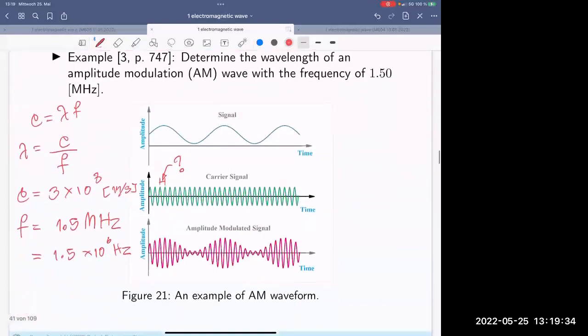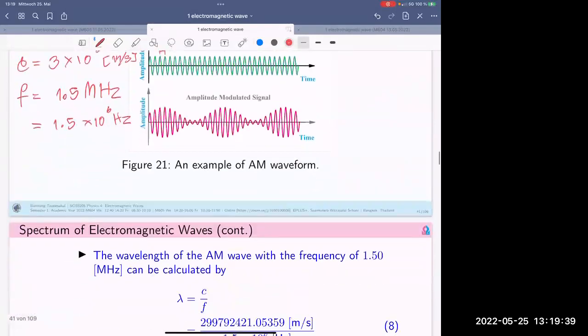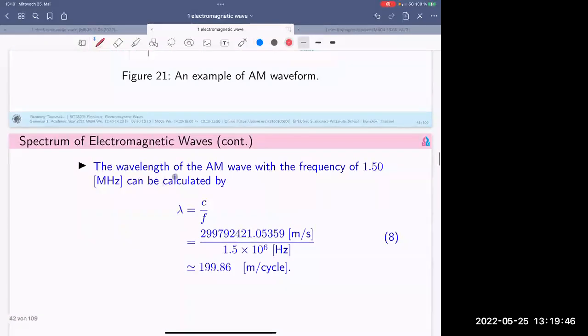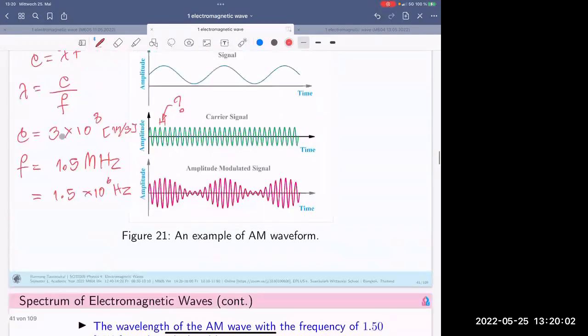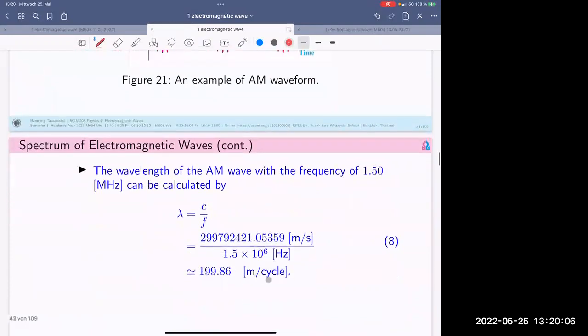Once you get this, we see how the calculation goes. You take 3 times 10 to the 8, and f as the frequency 1.5 times 10 to the 6, and you get almost 200, because this is 3 and this is 1.5, so 200 meters per cycle.